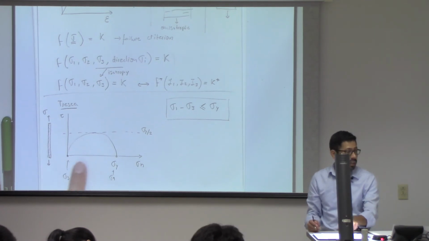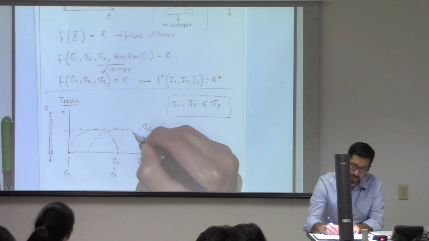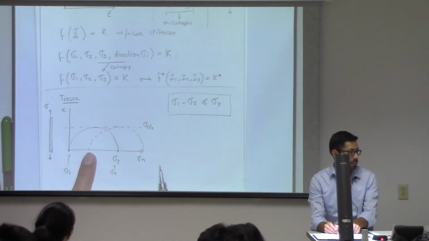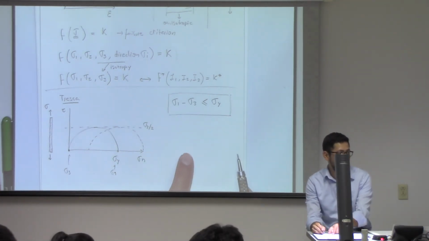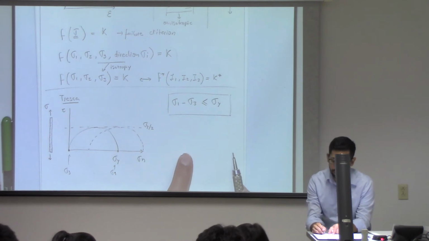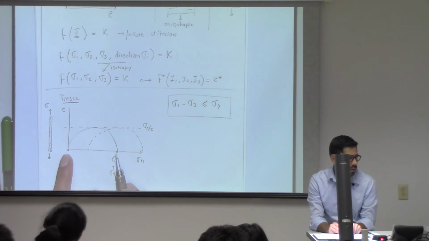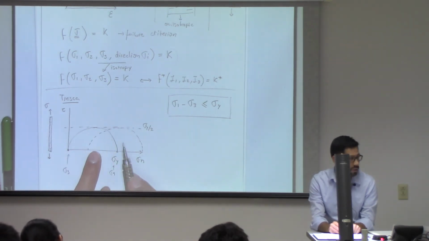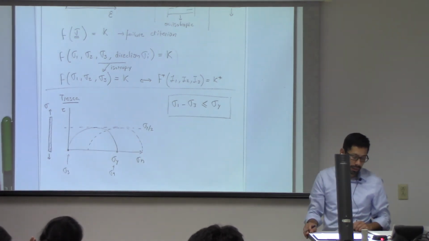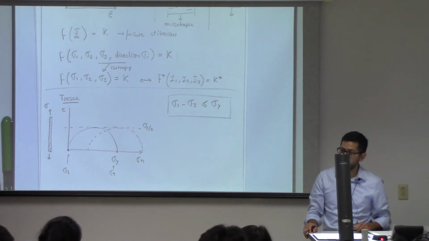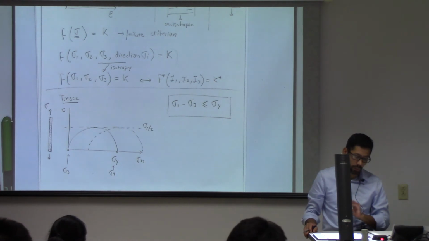So this could be the same as having a Mohr circle over there and a Mohr circle over here, the same size. The only condition of this failure criterion is that the diameter is not bigger than this amount, or the radius of the Mohr circle is not bigger than sigma y over 2. As long as you're there, then you're good. So that would be the analysis in one dimension.